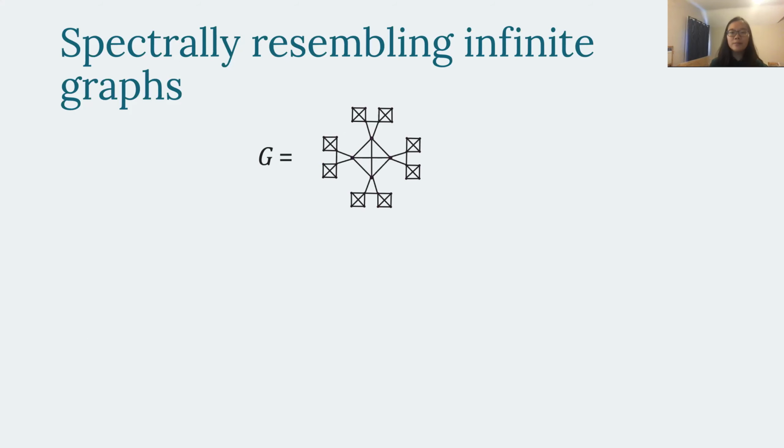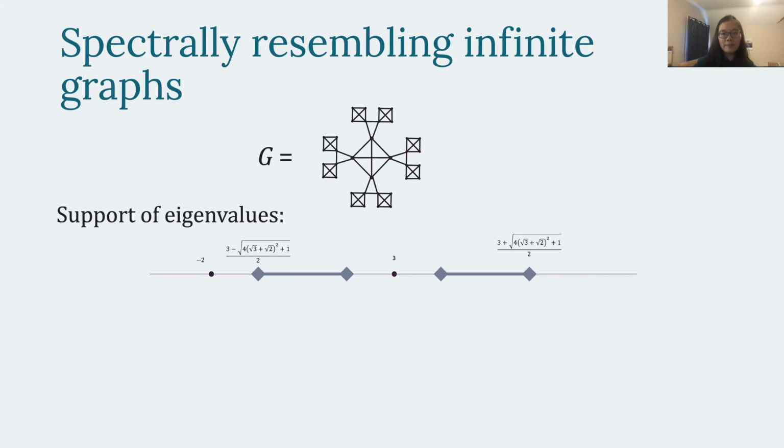Okay, let me talk a bit more about what it means to spectrally resemble an infinite graph. So if I have this graph again, the eigenvalues look like this on the number line. You might be used to looking at the eigenvalues as a histogram of the distribution, but here I'm literally drawing just the support of the eigenvalues.